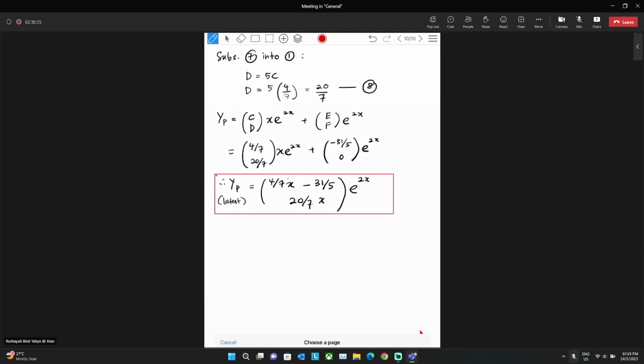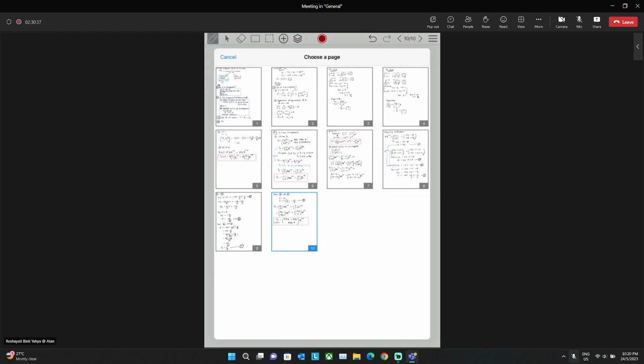Oh, I made a mistake there. E, if I'm not mistaken, because the madam gave F as zero. Yes, that's why. When I showed it to the coordinator and also my friends, they missed this part. 31/35. Yes, thank you very much.